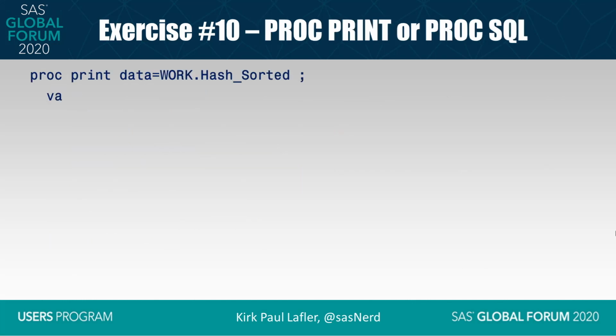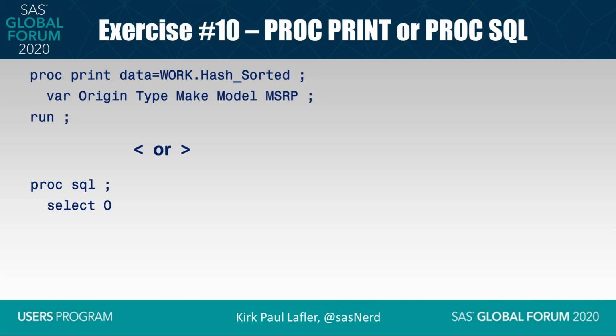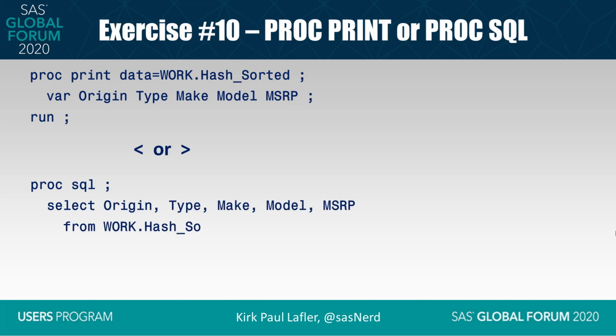And just like we've done before, we want to inspect and verify that our hash object worked as we expected and hoped. So we can use PROC PRINT to display the WORK.HASHSORTED data set, or PROC SQL to display the information to our output or results window.